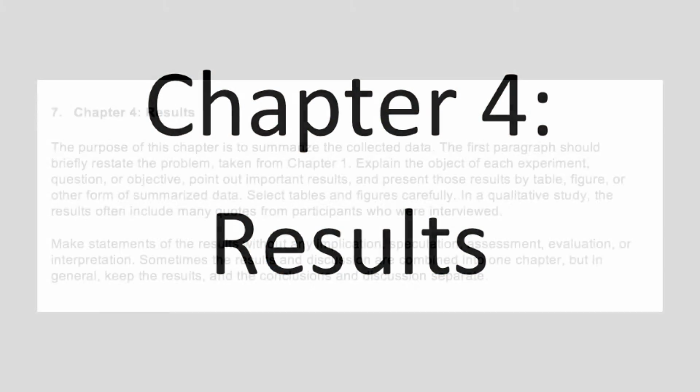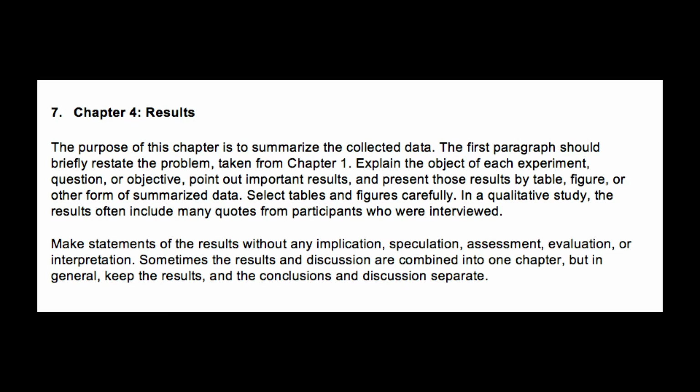The purpose of the results chapter is to summarize the collected data. The first paragraph should briefly restate the problem taken from chapter 1, explain the objective of each experiment, question, or objective, point out important results, and present those results by table, figure, or other form of summarized data.